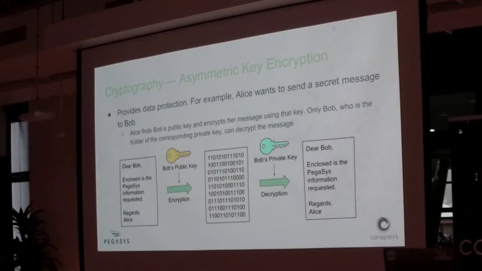It's freely available to anyone. And she encrypts her message using Bob's public key. Now, the only person that can then decrypt that message is Bob, because Bob is the holder of that one and only private key. So that's what we're talking about in terms of data protection.